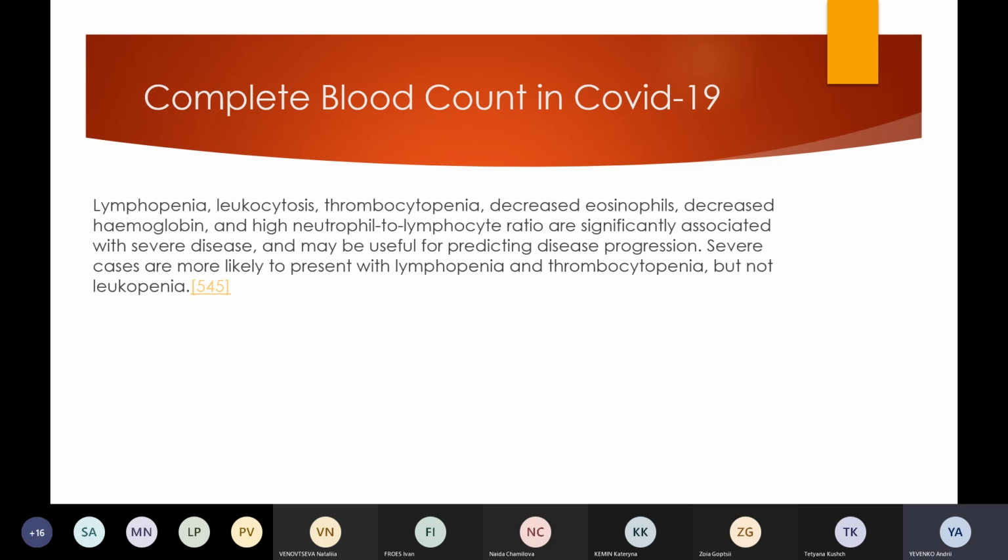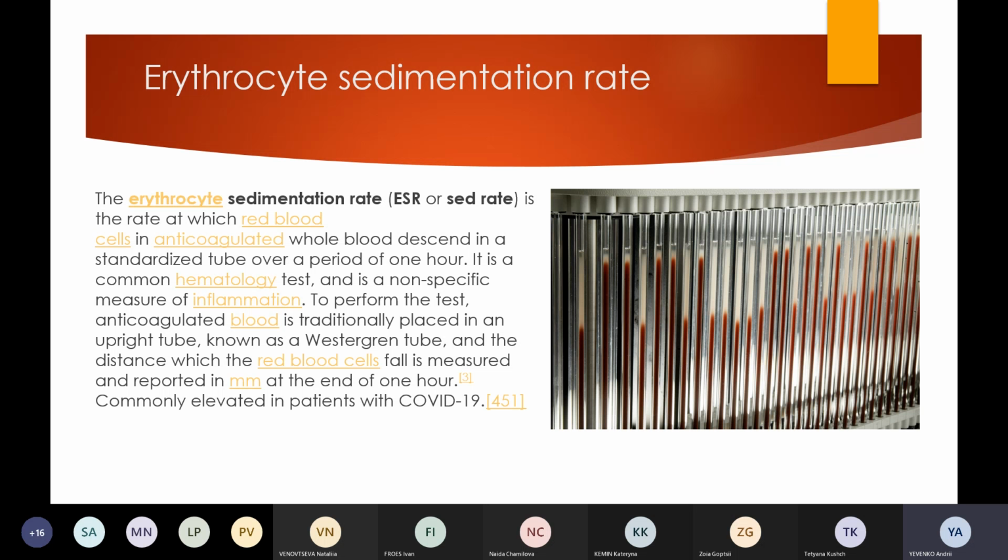The most abnormal test we'll discuss next about the blood cells. The test that will be abnormal during COVID-19 infection is erythrocyte sedimentation rate, ESR or sed rate.